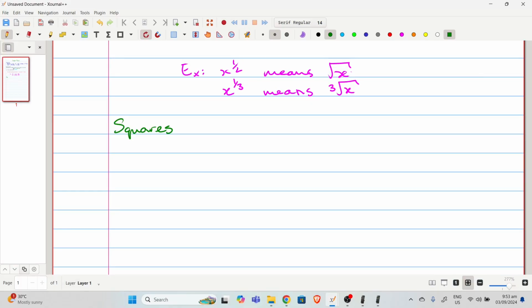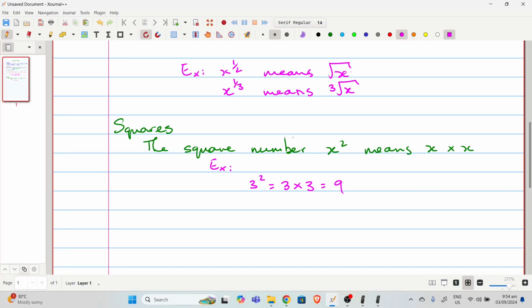A square number x squared means x times x. For example, 3 squared would be 3 times 3, and that simply is 9.